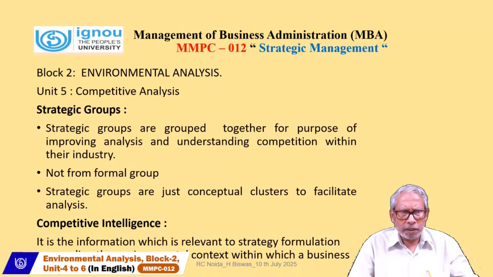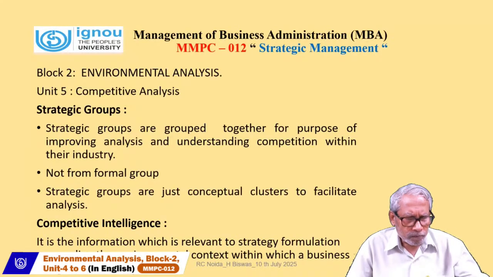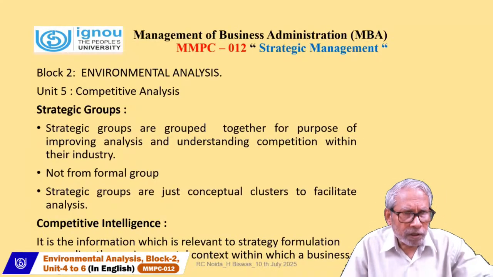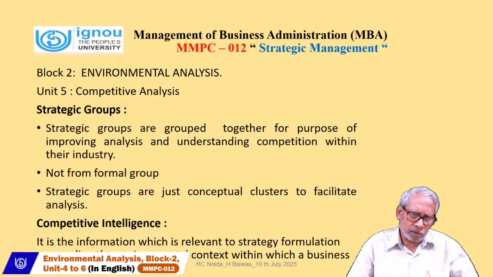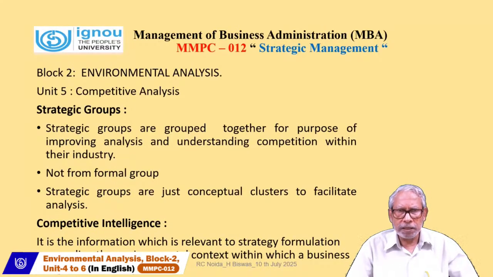Now there are strategy groups. A strategy group is basically a group formed for the purpose of improving your analysis and understanding of the competition within their industries. It is not a formal group, as I said.